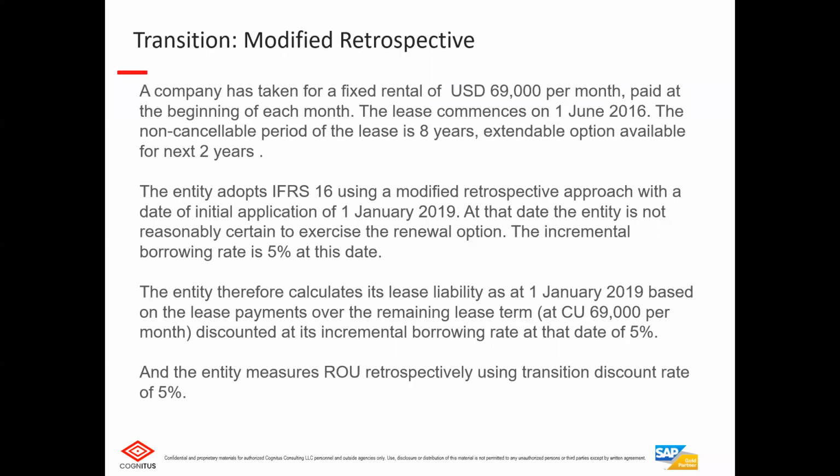And if you want to capture the lease commencement date values from June 1st, 2016 and 12/31/2018, that will be recorded in the retained earnings. In this process, you have to identify the documents which are posted in the system and make necessary adjustments to them.